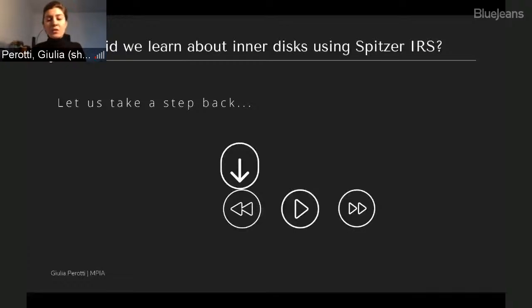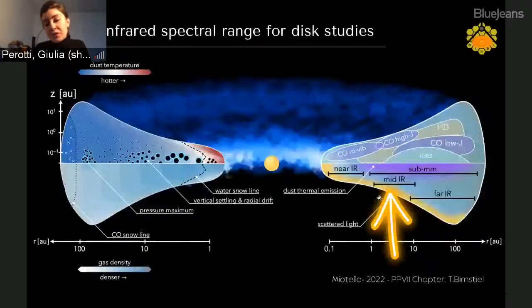As you can see from this beautiful cartoon from Anna Miotello, the PPVII chapter, when we are studying disks in the mid-infrared, we are targeting radii below 10 AU, the upper disk surface layers, and the mid-plane for nearby edge-on disks.